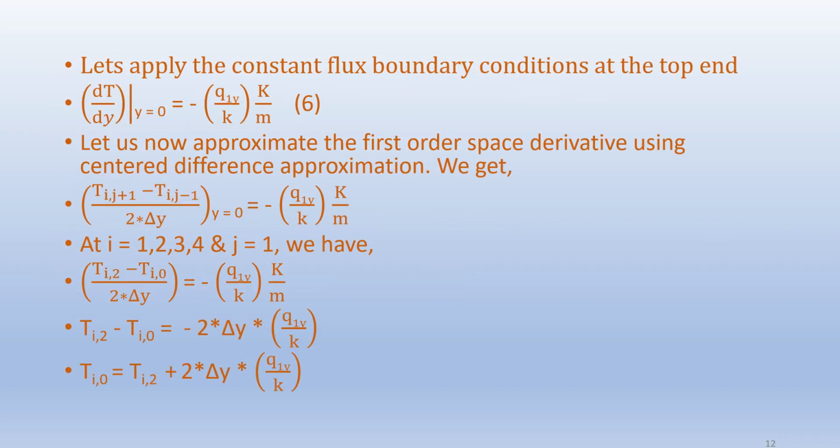Let us apply the constant flux boundary conditions at the top end. Accordingly, we get dT/dy at y equals 0 equals -q_1y/k Kelvin per meter. We now approximate the first order space derivative using center difference approximation. We then get (T_(i,j+1) - T_(i,j-1))/(2Δy) at y equals 0 equals -q_1y/k.